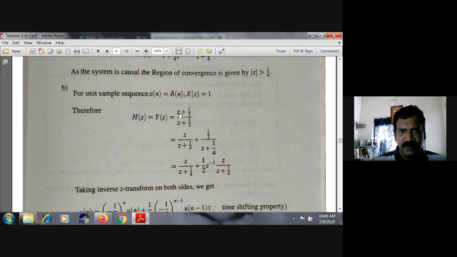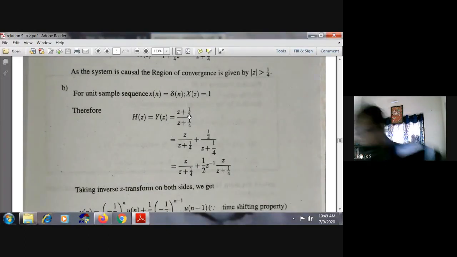This is an easy one, there is no need of partial fractions. It is z by z plus 1 by 4, then half into z plus 1 by 4, so the numerator we can split.